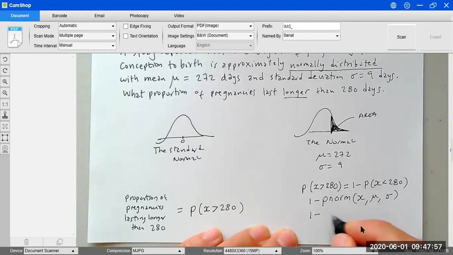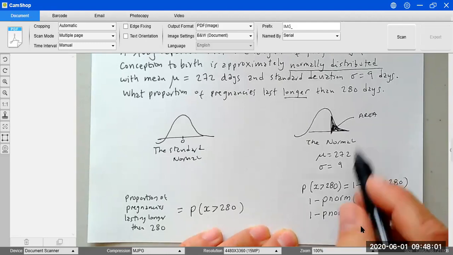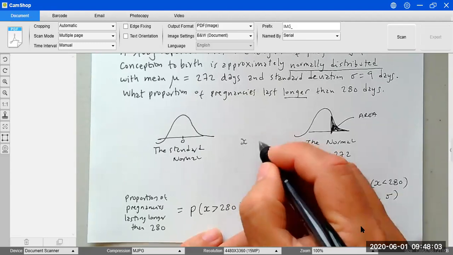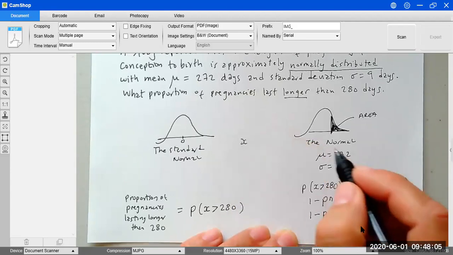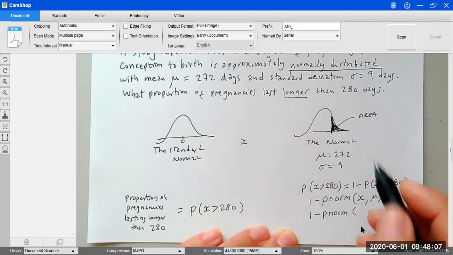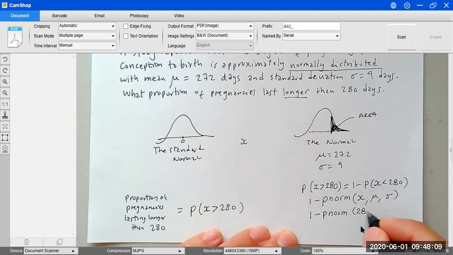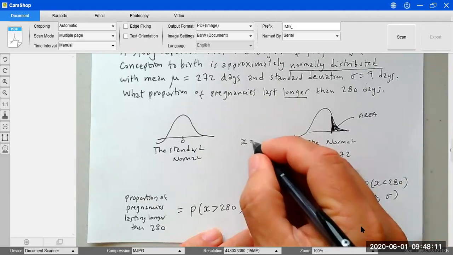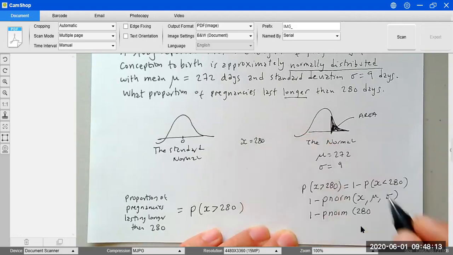So it's going to be 1 minus pnorm of X, where X for this problem is 280 days. The mean is 272 days, and the standard deviation is 9 days.